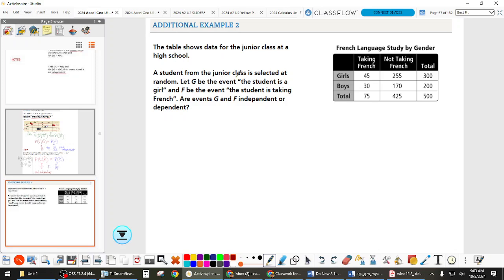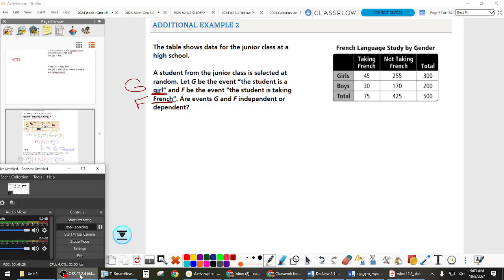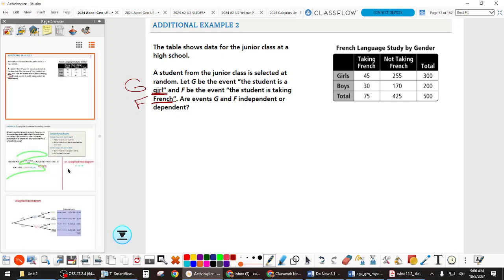A student from the junior class is selected at random. Let G be the event the student is a girl, and F be taking French. Okay, are they independent? I'm going to let you check that. You kind of have two options on this.